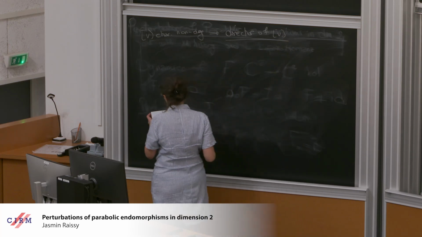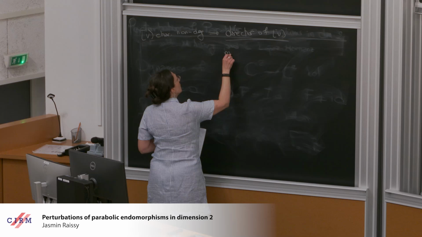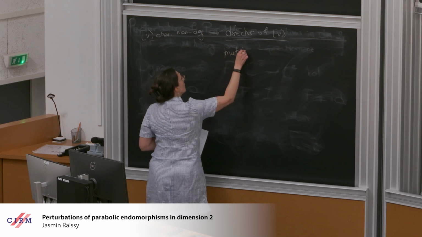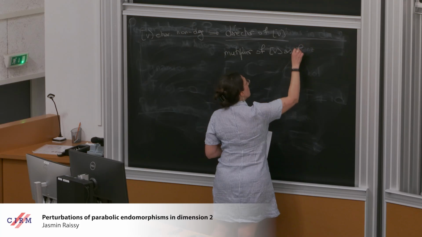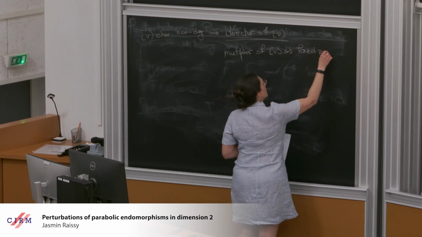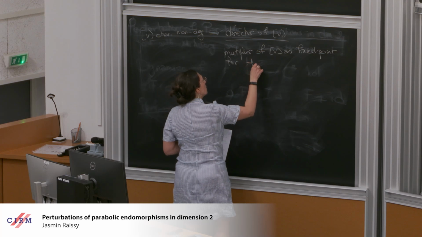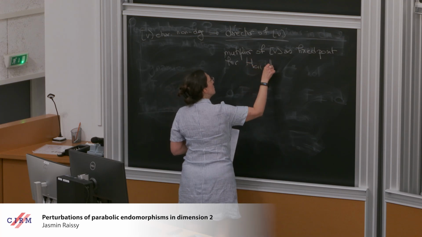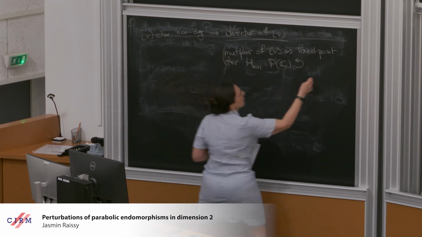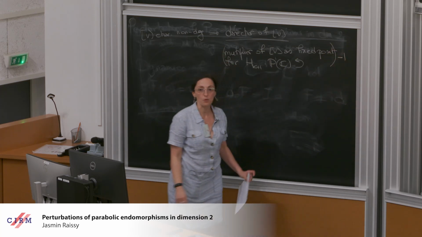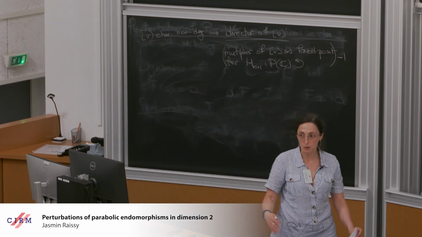It's simply, you take the multiplier of V as a fixed point for h_{k+1} when you see it as a map on P1, and you diminish it by 1. So that's the fastest that I can do it for you.